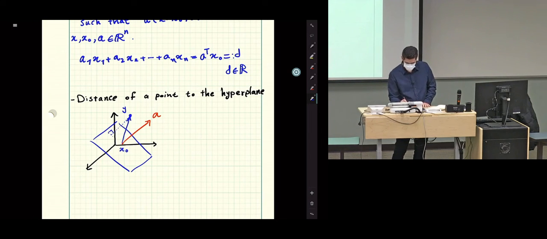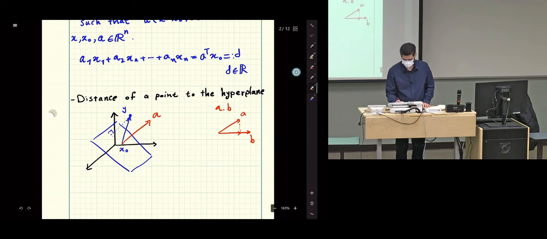Now remember, the dot product of A and B means, if this is B, this is A, the magnitude of dot product will project. So dot product means that if I consider B as a unit vector, a unit vector along B is B divided by its norm.